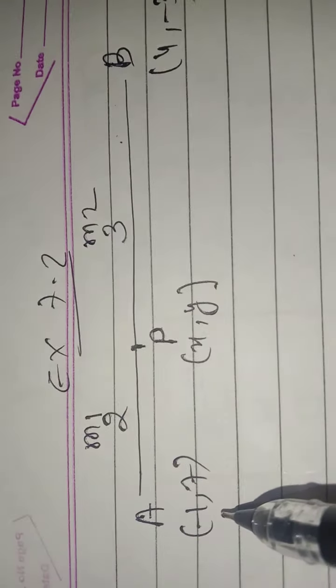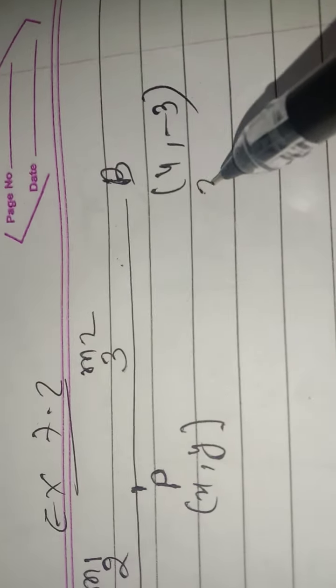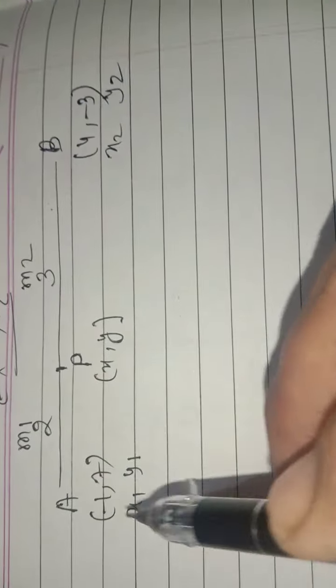Now here we know the coordinates. This one is x1, y1, and here it is x2 and y2. Now simply we are going to put in the formula.